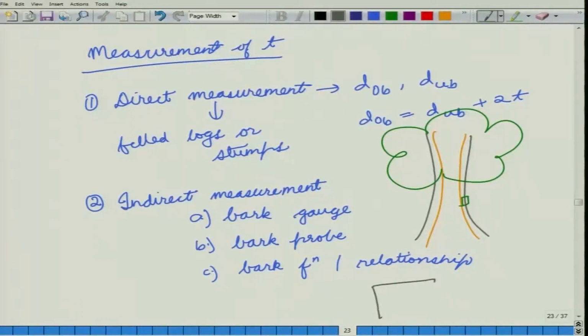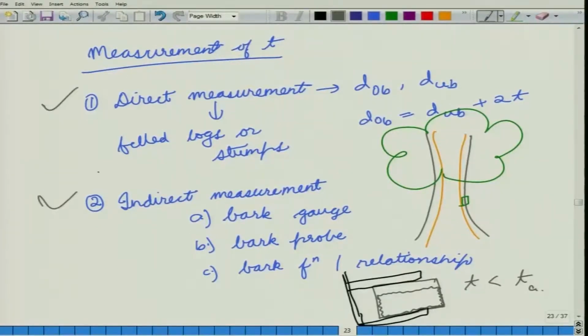So, if this is your bark and suppose while measuring its thickness you put one end of your vernier calipers here, you put the other end of the vernier calipers here and you try to tighten it. So, when you tighten it, this portion would very easily become compressed to a smaller volume. So, the thickness that you would be measuring would be less than the actual thickness. So, which is why we need to go with these direct or the indirect measurements.